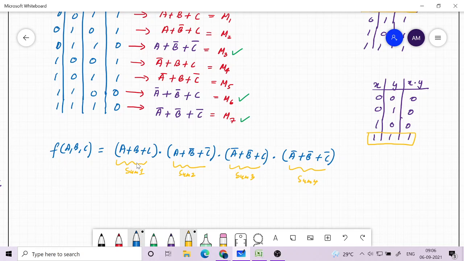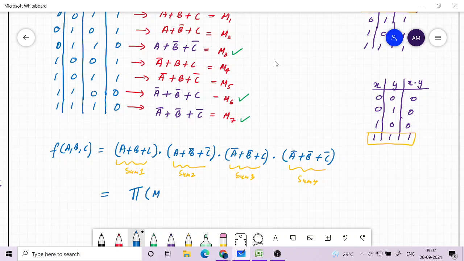So how do we call this? You can represent it with this pi symbol for the dot operation, just like sigma I used for the sum operation. The pi I will use for the product operation, and then I will specify the terms which are present.